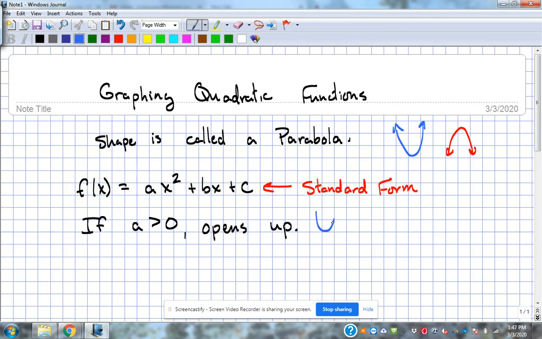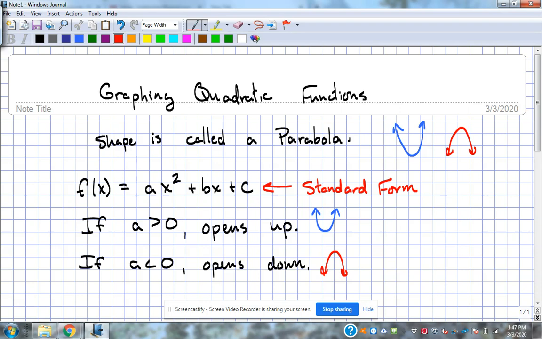So it's going to be that picture. If a is less than 0, what kind of number is it? Negative. It opens down. It's going to be that kind of picture.